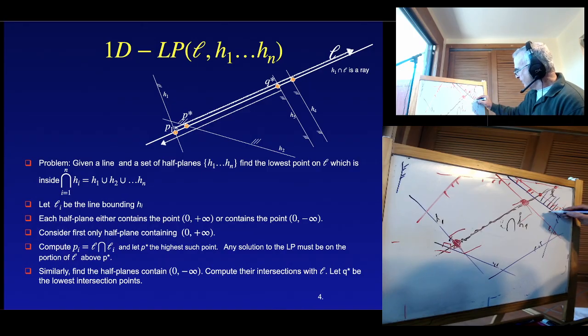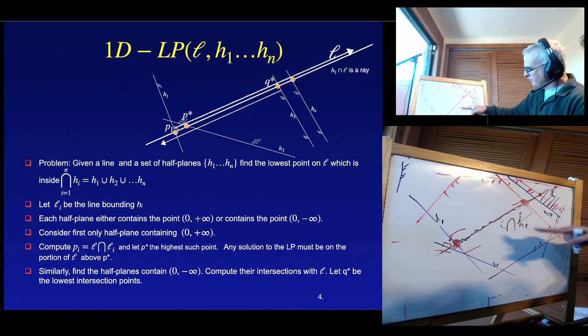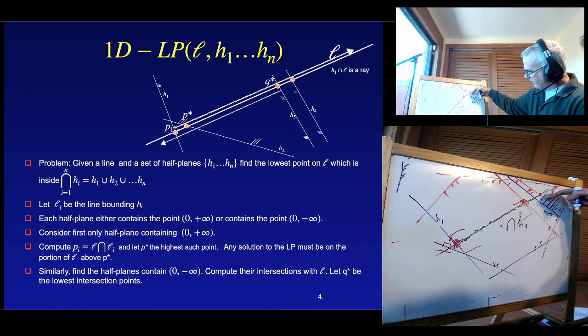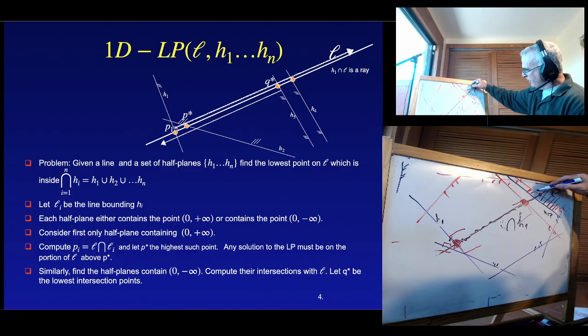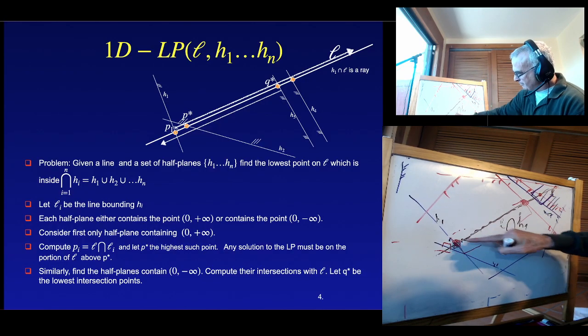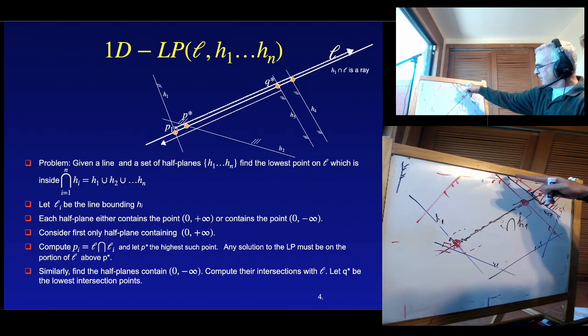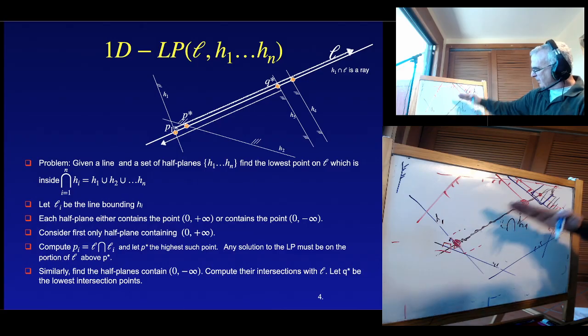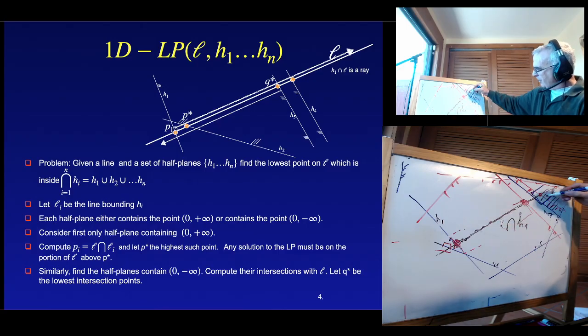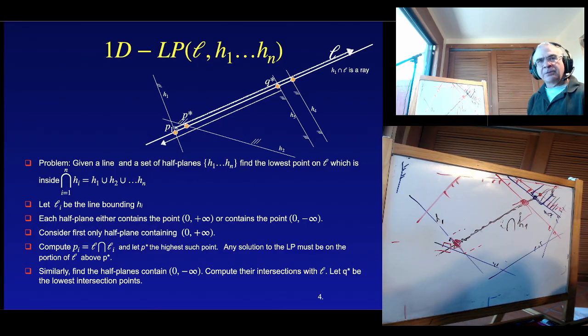Here is H7 and it looks upward. So the lowermost point of all the intersections that look upward will be this. It is not this. Once I inserted this purple one, the intersection of all the half planes looking upward will be this point. This is the lowermost point.